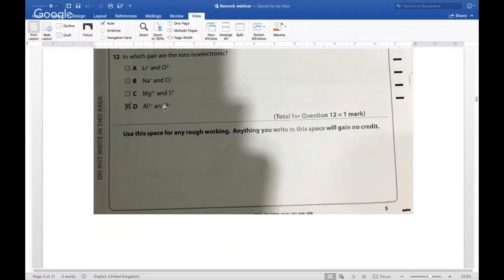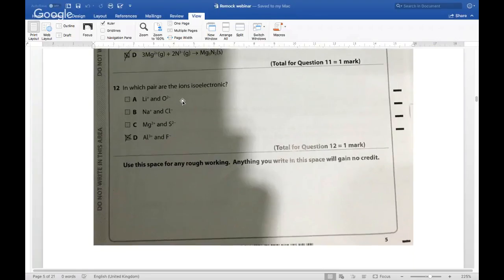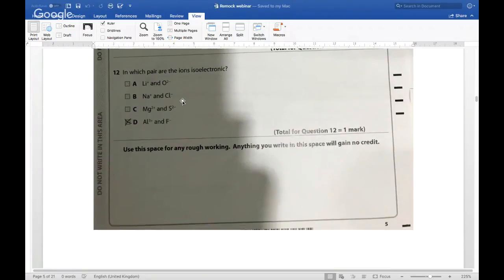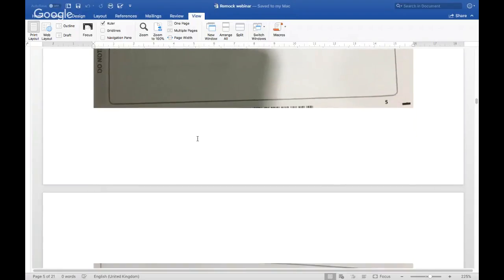The answer's D. Aluminium is in period 3. You remove 3 electrons, you have the same configuration as neon. Fluorine is in period 2. It's gained an electron, having the same configuration as neon. So the answer was D for that one. Doing a good old GCSE 2, 8, 8, 2 on those is really, really useful for those questions.